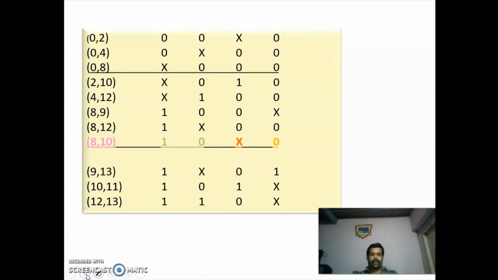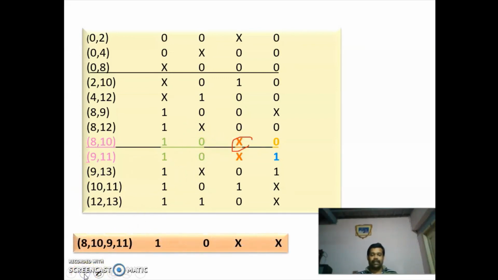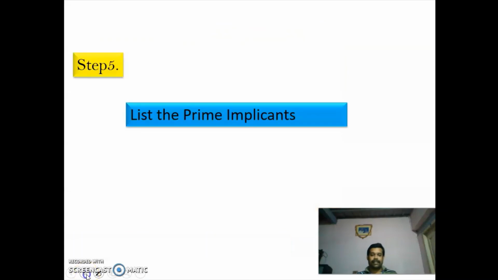Okay, next you are comparing 8, 10, and 9, 11. So here also it is differing only by one bit. So while writing the prime implicant, 8, 9, 10, 11 is equal to 1, 0, xx.